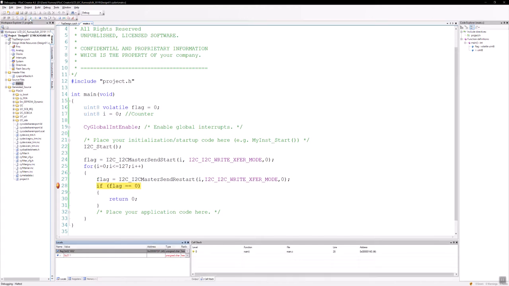And now I should be getting here, if I do 6, and now on the next one, when I execute this, the flag should now change to 0. And it does. That means it successfully sent a start command and put the bus in write mode to address 27.